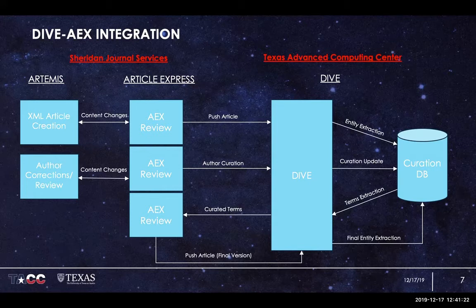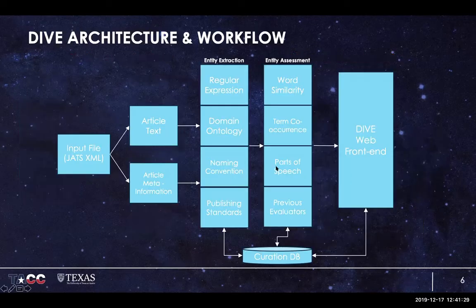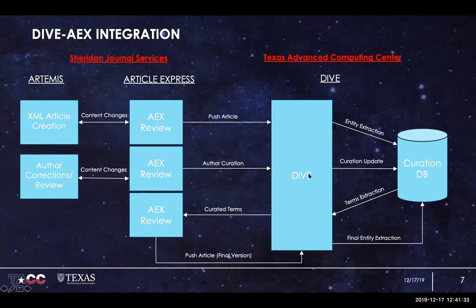If we missed an entity, they can add it, and so on and so forth. So they can finish some curation inputs here, and then return to their proofing process when they're done.